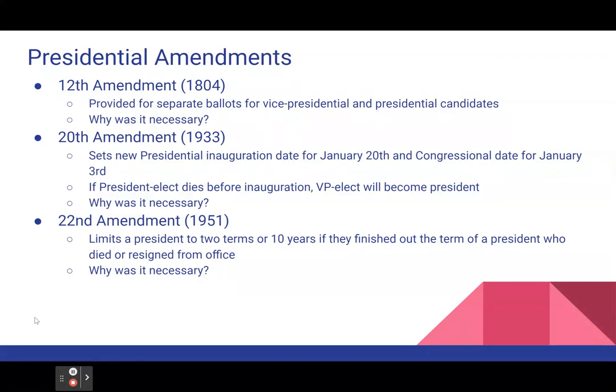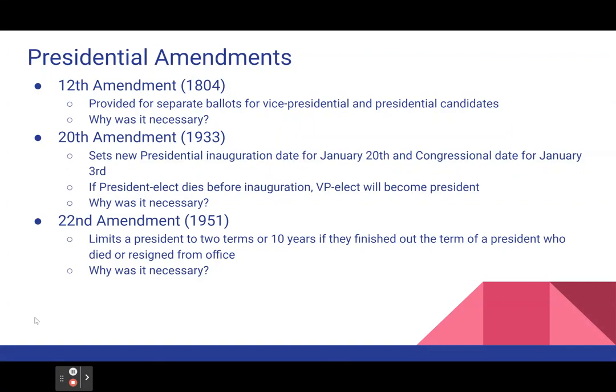Teddy Roosevelt became president when he was first a vice president, but McKinley, the president, was assassinated just a few months into his term. So Teddy Roosevelt became president because the president was assassinated.